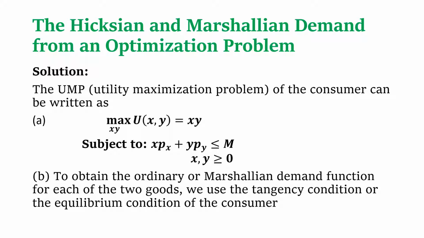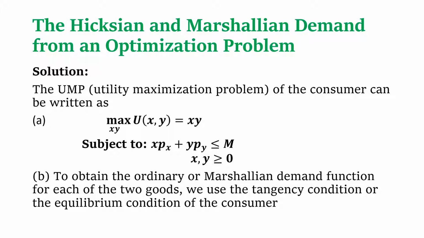So what we are going to do here is write the utility maximization problem of this consumer. I told you earlier that we have three elements: the objective function, the constraint, and the non-negativity restriction. These three elements must be incorporated in the problem.